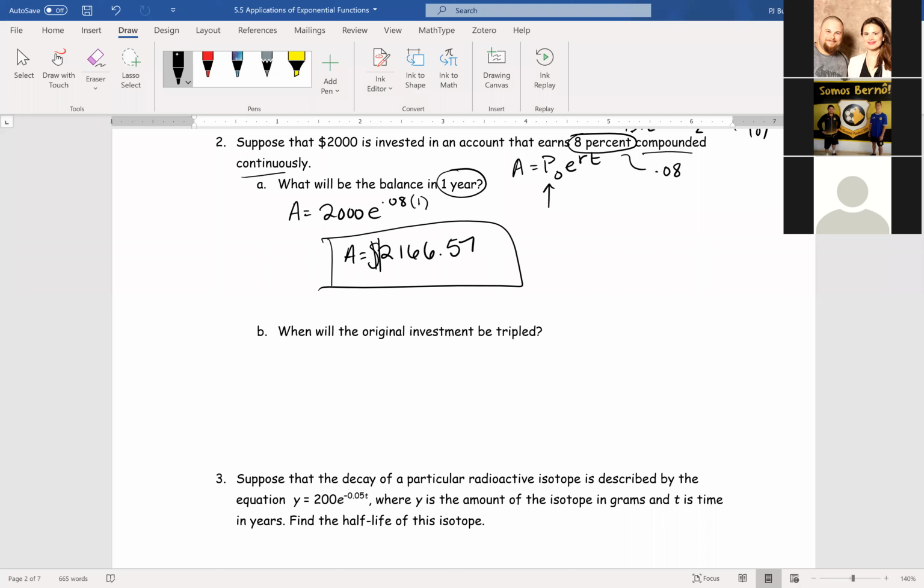Second part says, when will the original investment be tripled? So again, that really means when will A equal 6,000, or when does 3 equal the exponential? So you could have set it up like this and divided by 2,000 and still gotten to that.